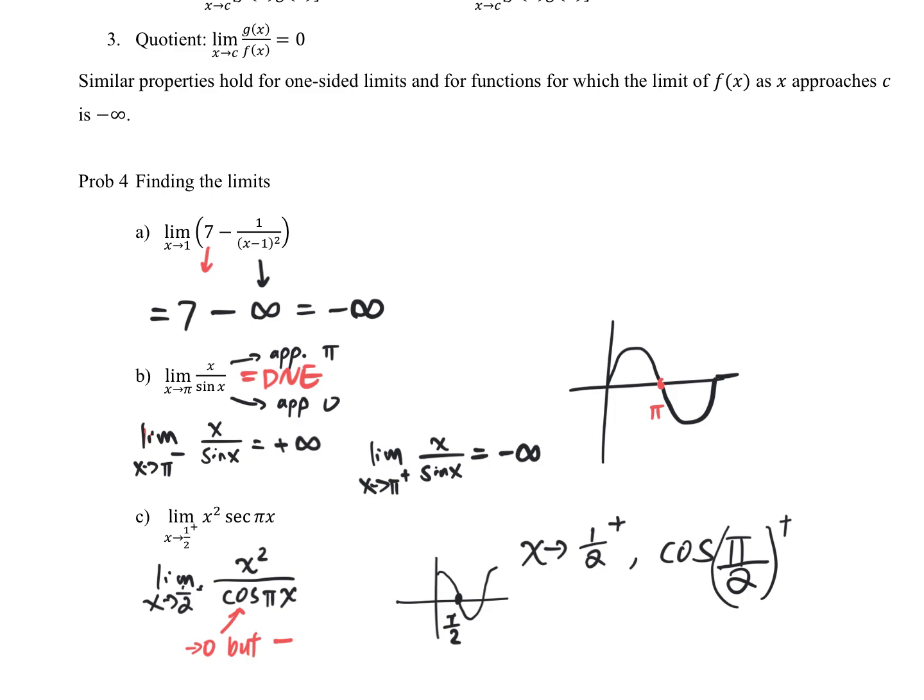Because of that, we can say this is equal to a positive number, 1/2 squared, which is positive, over 0 with negative sign. This is going to be negative infinity. Alright, that's all we want to talk about regarding infinite limits in this lesson.